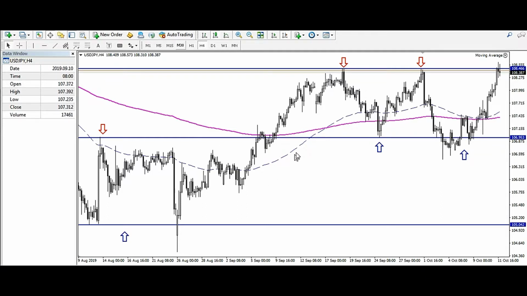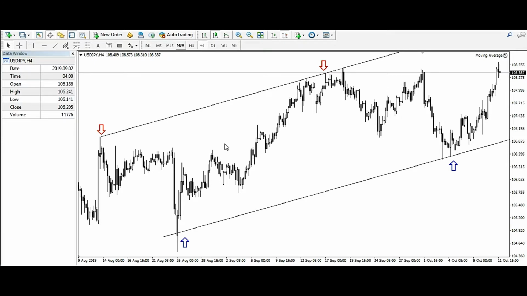This blue broken line, as I've said in my previous video, represents my short-term MAs, and these thick magenta or pink colored lines will represent the long-term MAs in the chart. These black color thin lines will represent the trend lines.